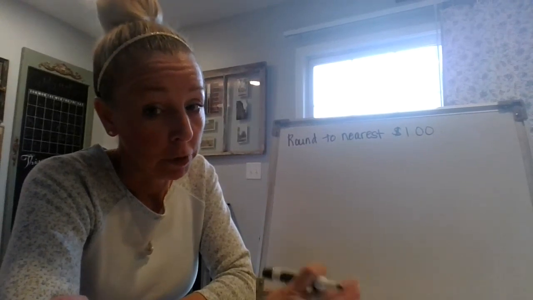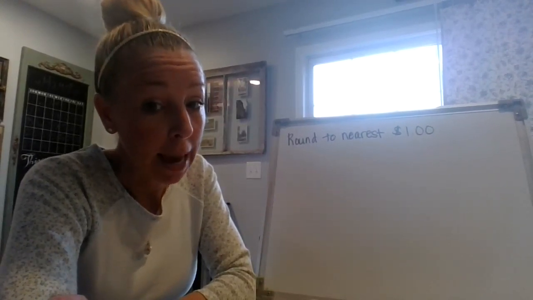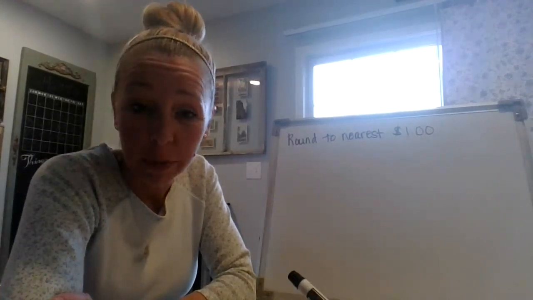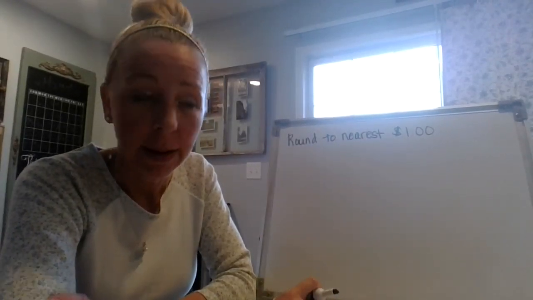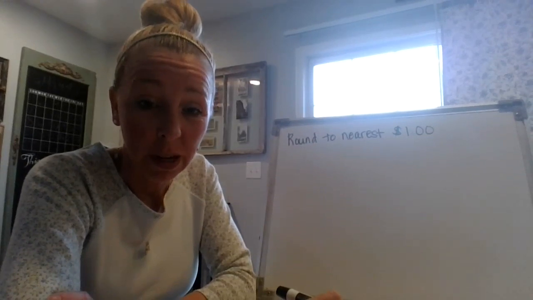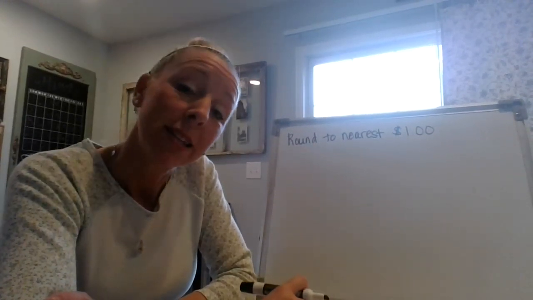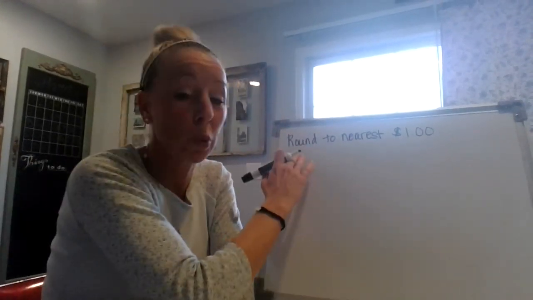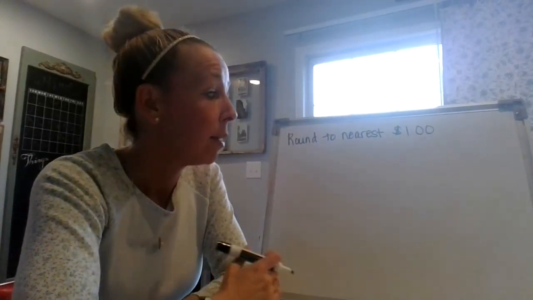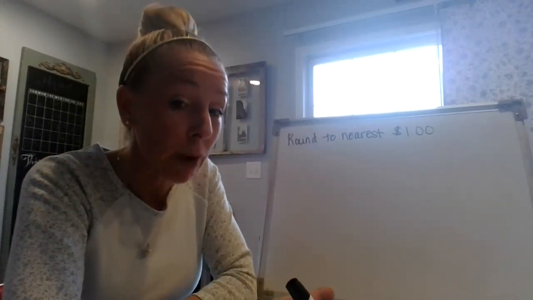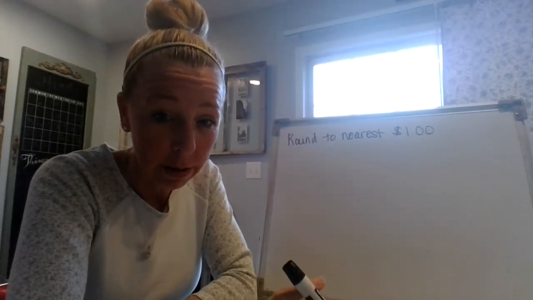Or if you want to be exact, you could go to the Giant Eagle website or the Kroger website and see how much that product really costs. Then to estimate the grocery bill, we're going to round each item to the nearest dollar. That's the same thing as rounding to the nearest 100, you guys.